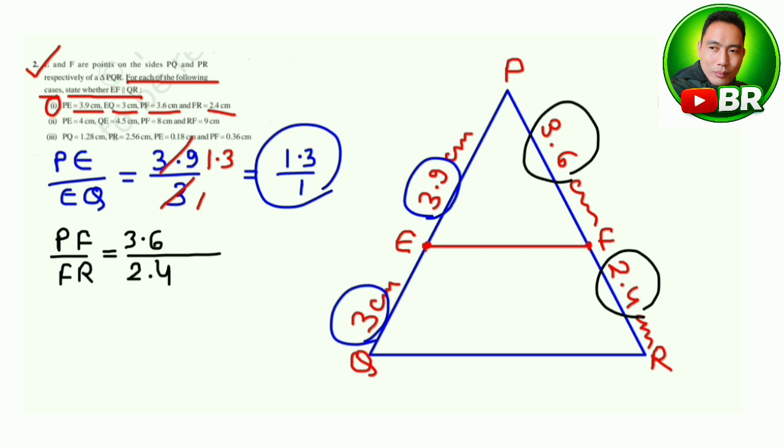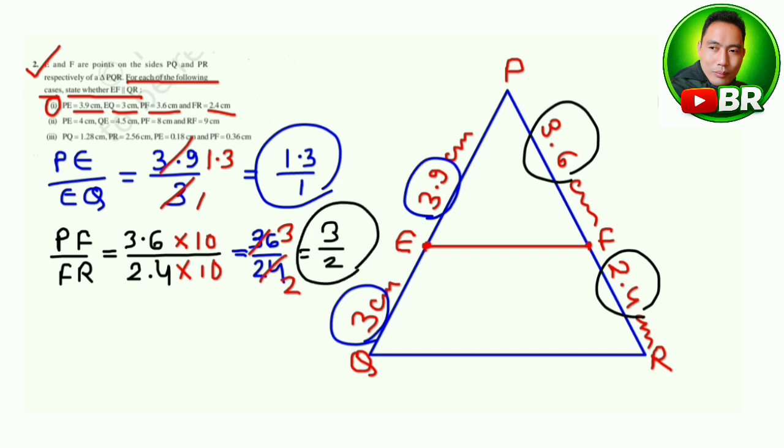And here to remove the decimal point, we can multiply both numerator and denominator by 10. Then we obtain 36 by 24. Now 12 twos are 24 and 12 threes are 36. In this way, here we have obtained the ratio of side PR is 3 by 2.